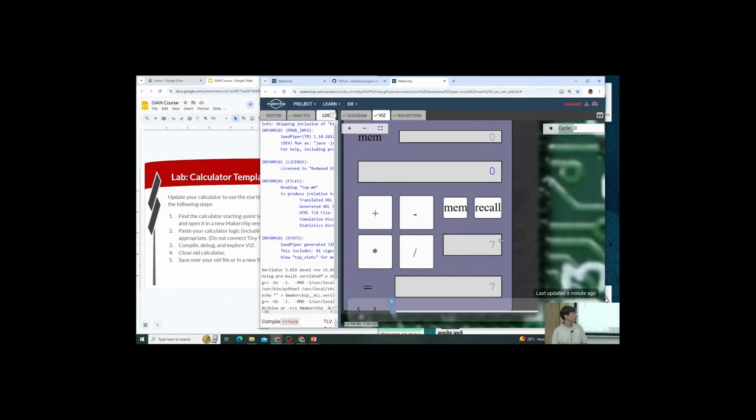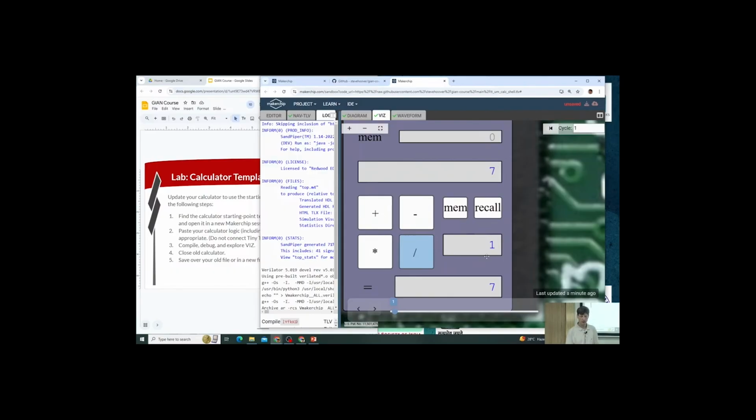I'll just give you a second to finish the cut and paste. Once you've done that and your compile is successful, you should see in the visualization that you're able to step through and see calculations.